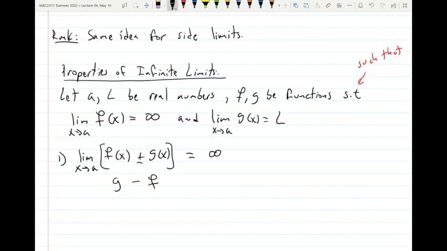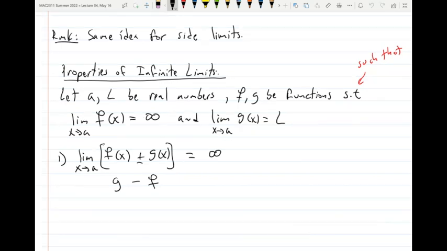Now, if this approaches negative 3, so if L is negative, what will be the answer here? Negative infinity as well, because you will be subtracting. When you subtract a number that's positive, you get negative infinity. So the point is that you have to see the order, which one is first and which one is second. Is it the number or is it the infinity?